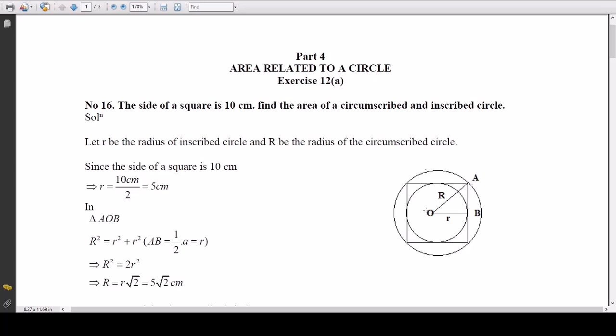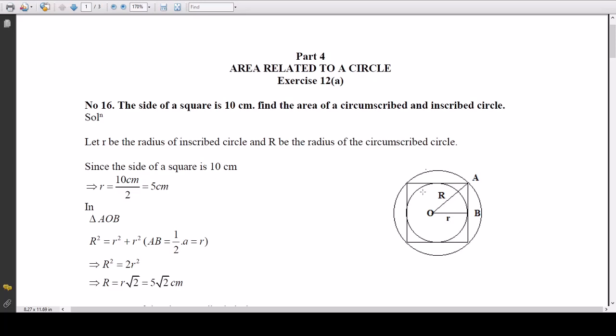Because this AB is half of the length of a side. That means AB also is 5 centimeter, which is also equal to the length of the radius.